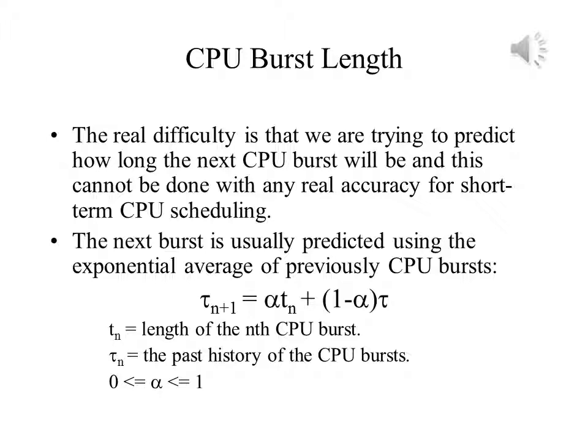The biggest problem is coming up with an accurate prediction of how long the next CPU burst will be for each process. The best way to do this is to take a look at the most recent history of the process's CPU burst time and extrapolate from there. An exponential average is most commonly used because it gives the greatest weight to the most recent bursts.